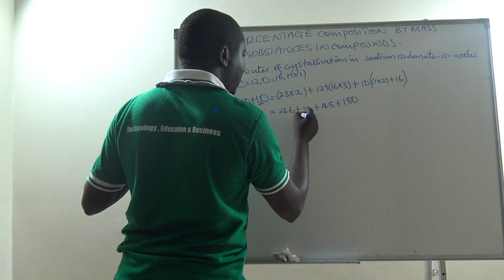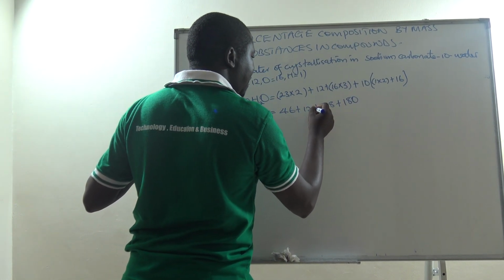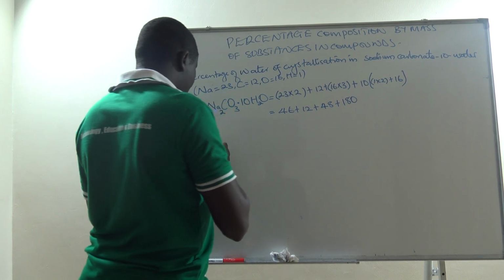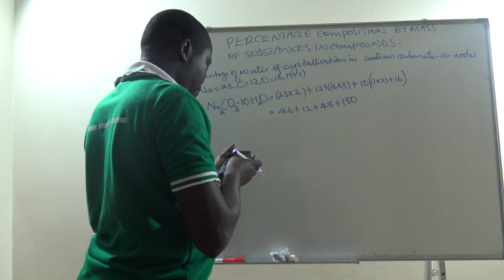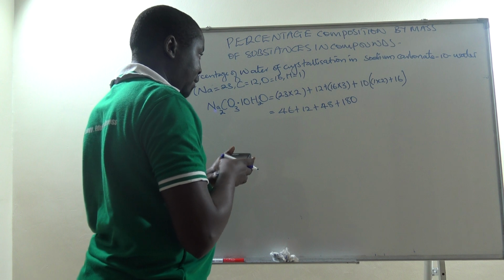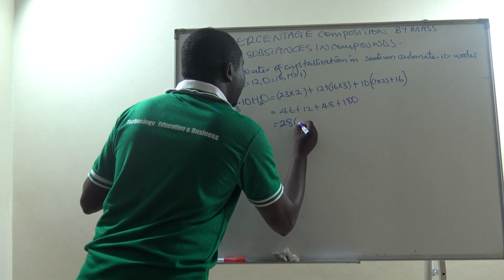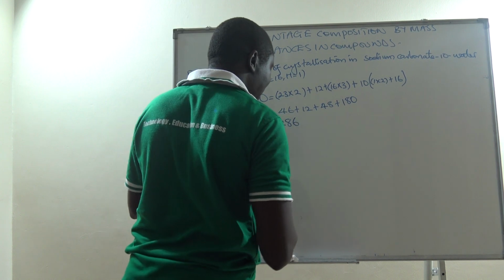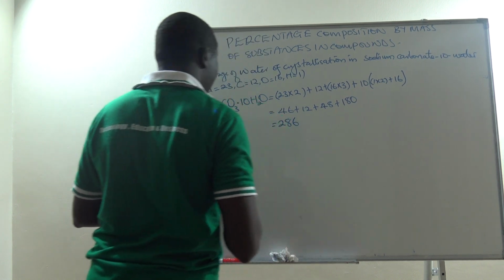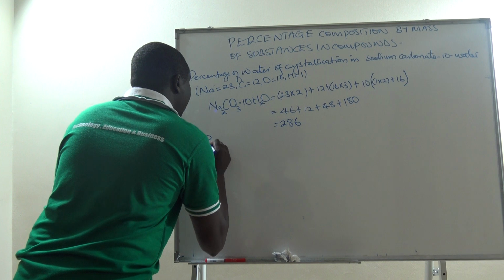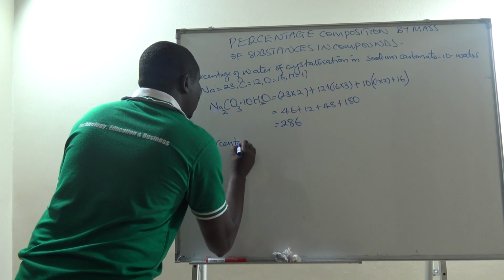So 46 plus 12 is 58. 58 plus 48 is 106. 106 plus 180 will give us 286. This one is the relative formula mass of sodium carbonate 10 water. Now let us get the percentage very fast.